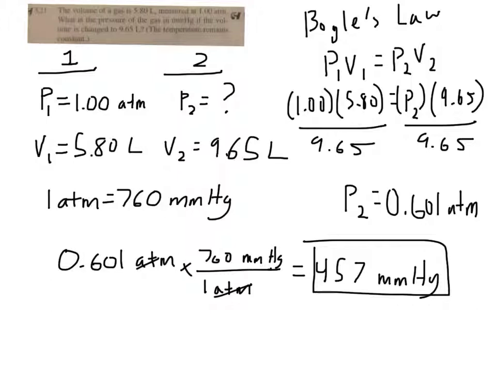Then we saw that the pressure needed to be in millimeters of mercury, which is why it's so important to go back and read over the problem when you finish it, especially on a test. We then used the fact that 1 atm equals 760 millimeters of mercury, did the conversion, and came up with our final answer of 457 millimeters of mercury. Nice job.